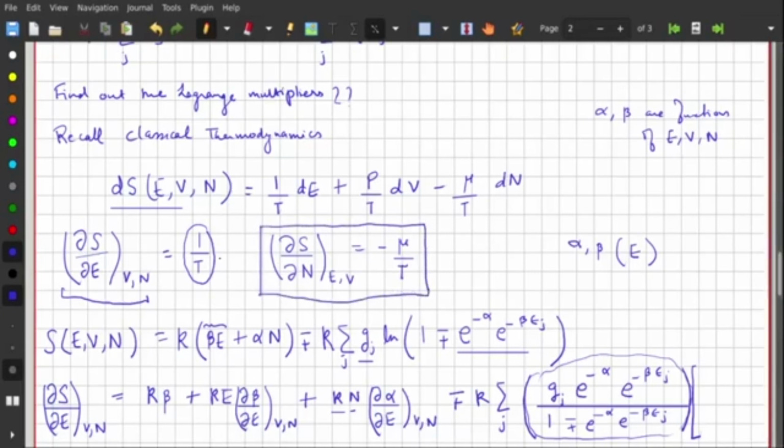As we saw, we already used this expression to compute the first Lagrange multiplier, which was beta. Now we will be computing alpha, and this expression will help us do that.